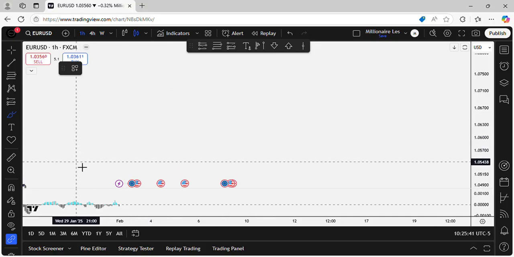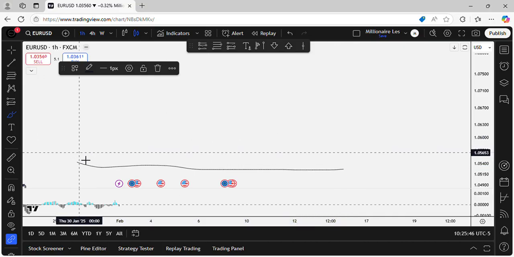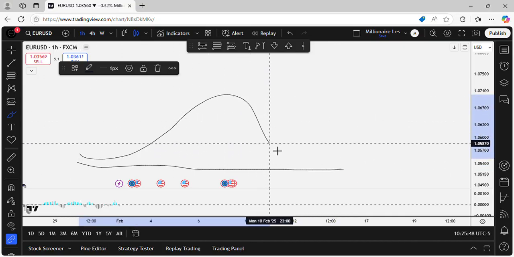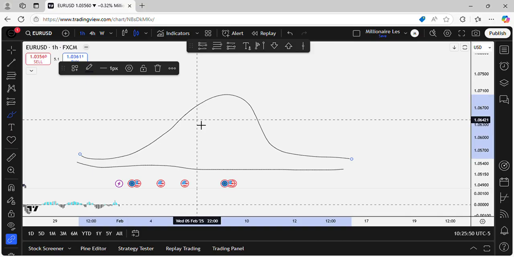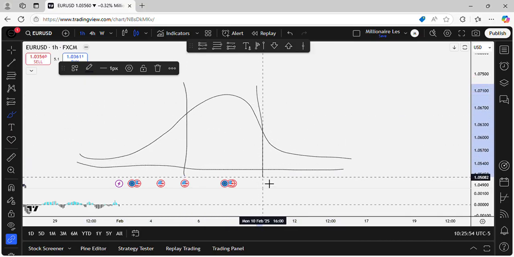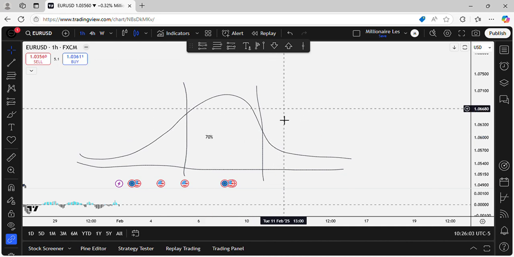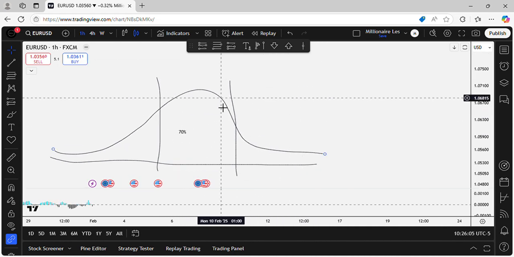But I realized that everyone doesn't have the same brain as I do. So if you ever took probability and statistics or differential equations, whatever class you took where you had a bell curve, right? 70% of your standard deviation was in the middle of that bell curve. This is how it is with the volume profile.